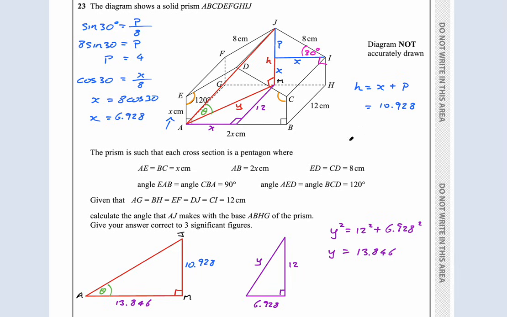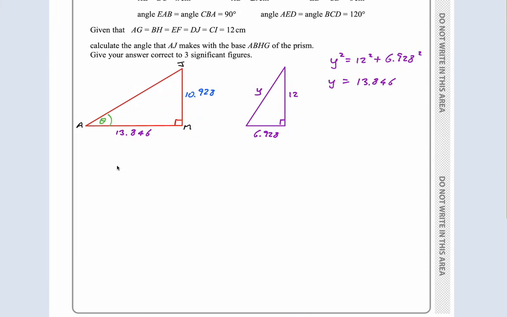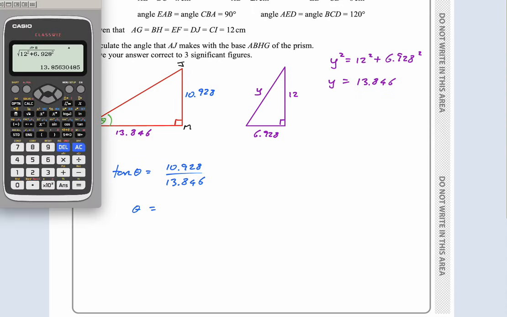And now I can get theta. It's the inverse tan of this over this, because tan theta, I'm just going to move down here, guys. Tan theta is equal to opposite, 10.928, over adjacent, 13.846. Theta is equal to the inverse tan of that.